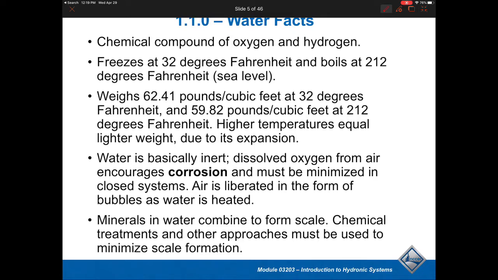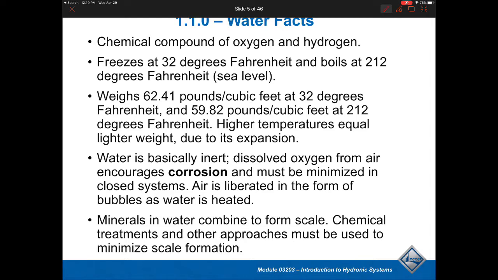One characteristic we know is that water in its pure form freezes at 32 degrees Fahrenheit, and it boils at sea level at 212. That's not very high for some systems. We may have to have that increase, so we'll talk a little bit about that.